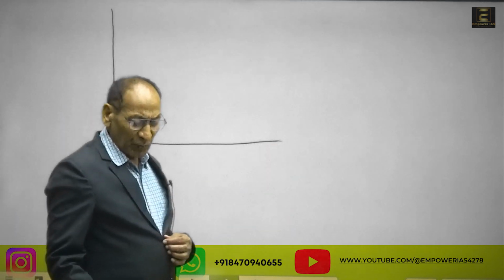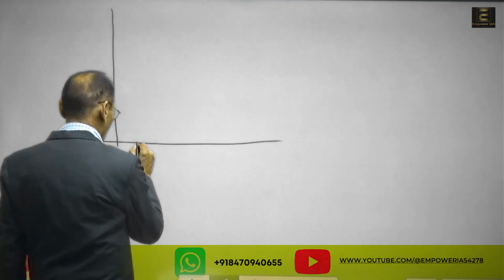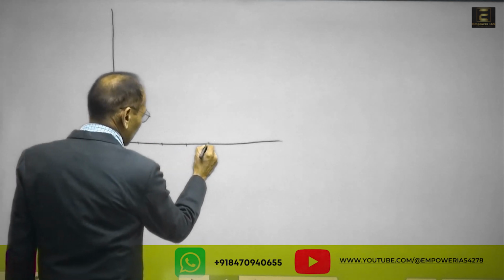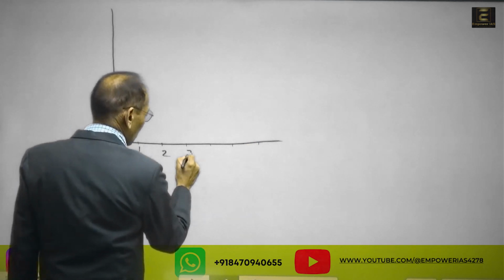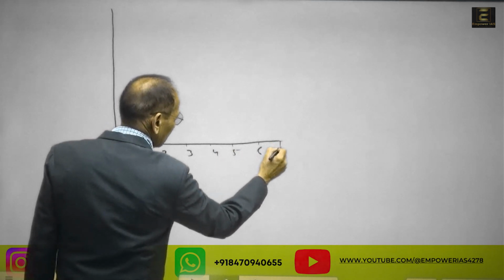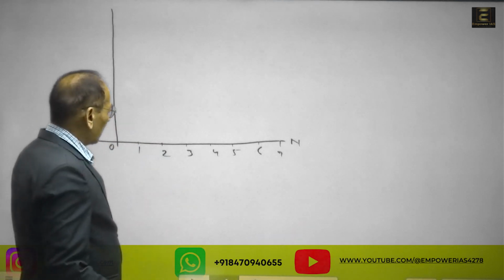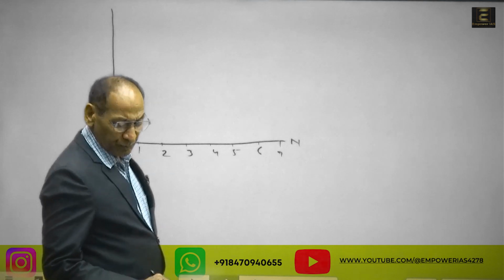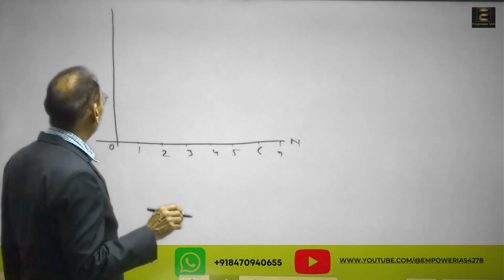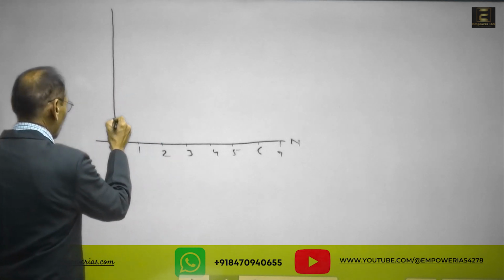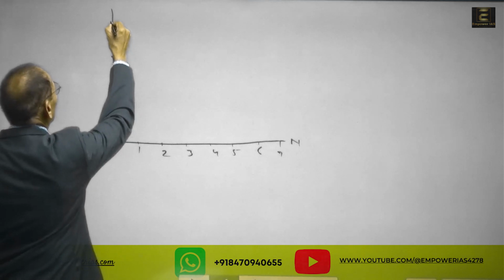In this diagram, on one side we show W by MPN and below is employment, the number of laborers, 1, 2, 3, 4, 5, 6, 7, this is N. And on the vertical axis we show the marginal product of labor and real wages both, like 4, 6, 8, 10, 12.